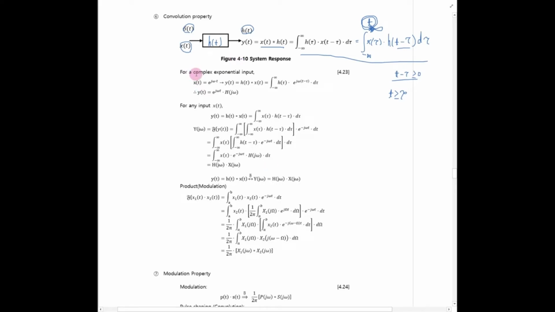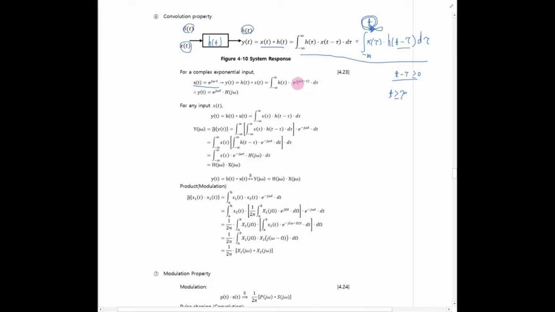What if the input is a complex exponential function? x(t) is a complex exponential like that. Then y(t) is given by this convolution operation, and it can be expressed in this way: h(τ) times x(t minus τ).